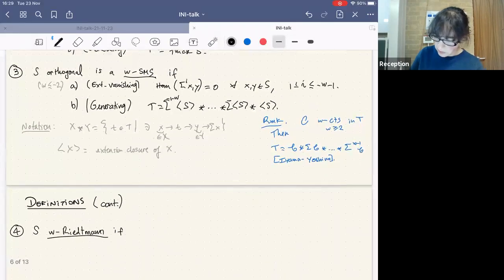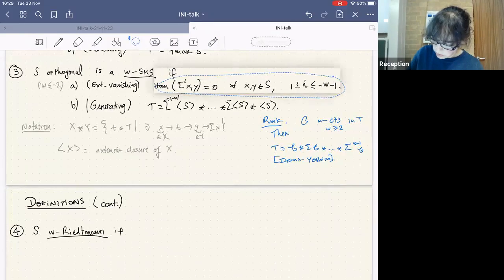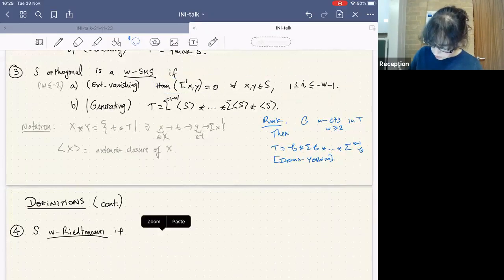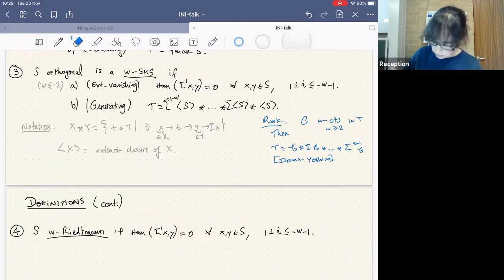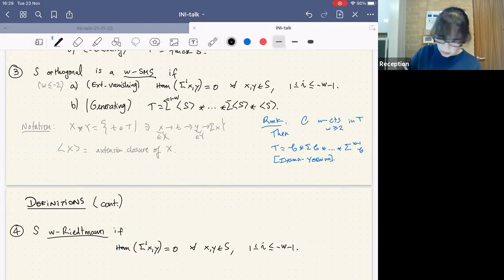So again, this is the same vanishing condition as above. B. So this now is maximality.